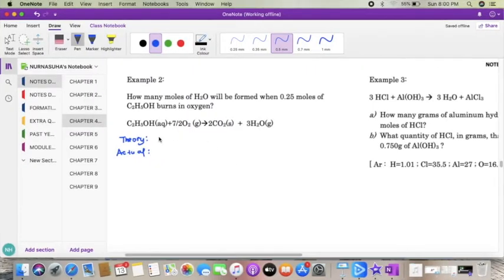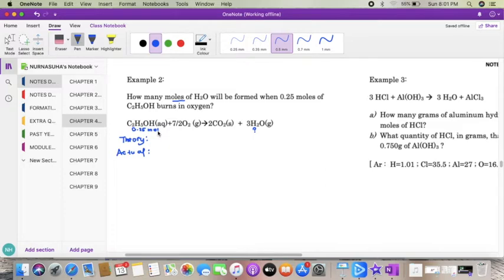Let's have a look at example number 2. The question asks you, how many moles of H2O? Mana H2O? Here. How many mole of H2O would be formed when 0.25 mole of ethanol burns in oxygen?